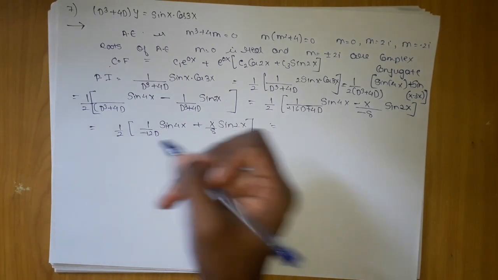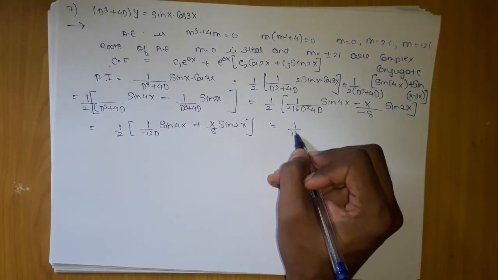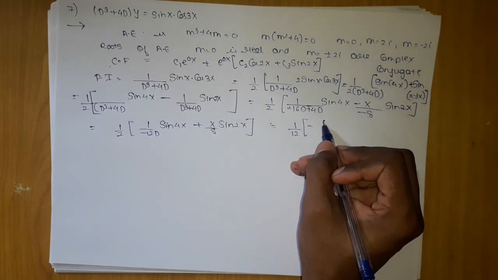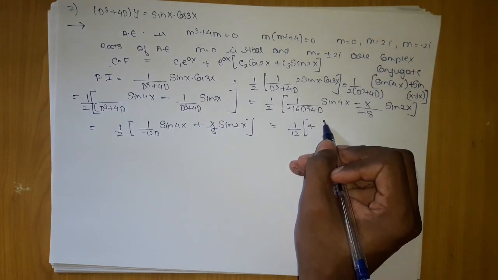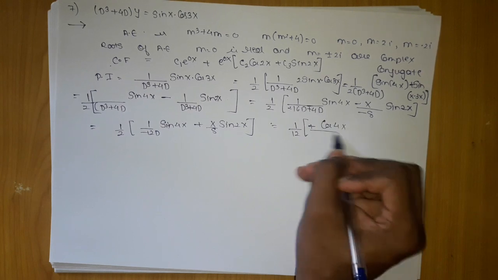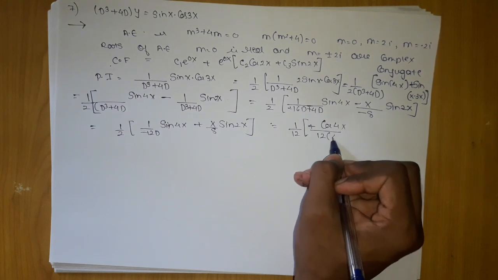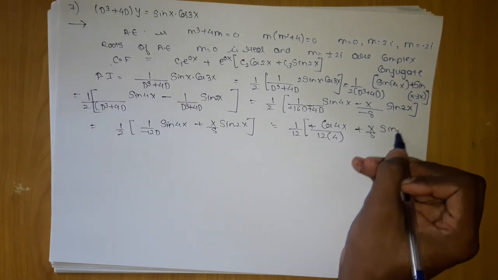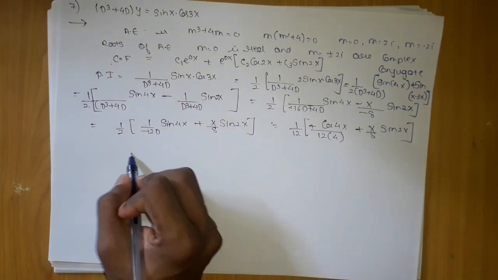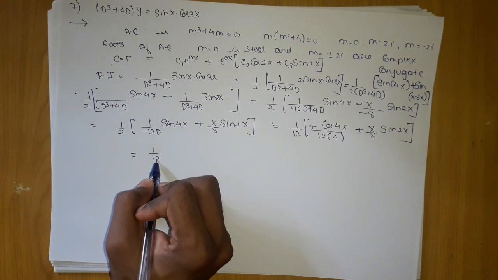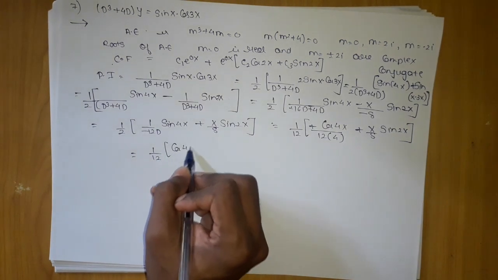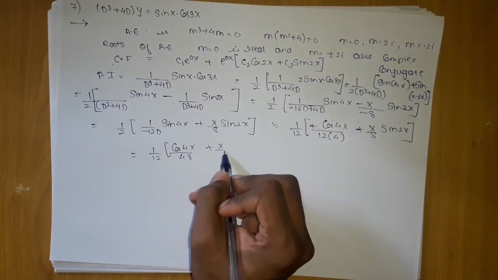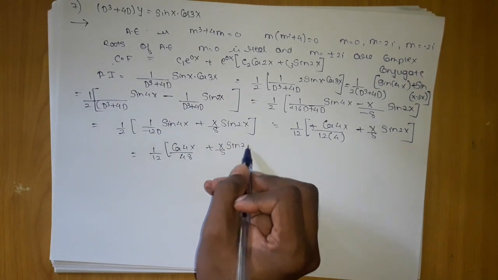This is nothing but integration 1 by d. So 1 by 12 minus, this will be what, sin x, integration is minus cos x, so minus cos 4x, in the denominator differentiation of 4x will be 4, plus x by 8 sin 2x. So finally we are getting our answer as 1 by 12 cos 4x by 48 plus x by 8 sin 2x.